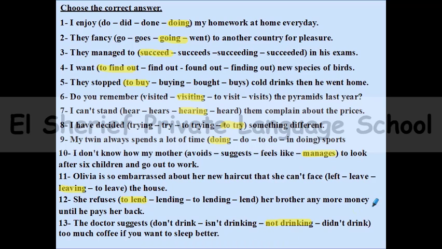So at this point we can say that we finished the exercises for the verb patterns. We talked about some verbs which are followed by to plus infinitive and some verbs which are followed by ing.